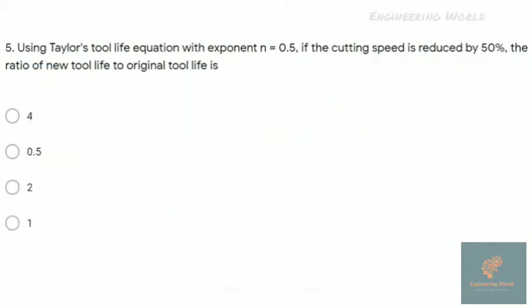The next question is, using Taylor's tool life equation with exponent n equal to 0.5, if cutting speed is reduced by 50%, then the ratio of new tool life to the original tool life is. The Taylor tool life equation is V times T raised to n equal to constant. Here n is equal to 0.5 is given.